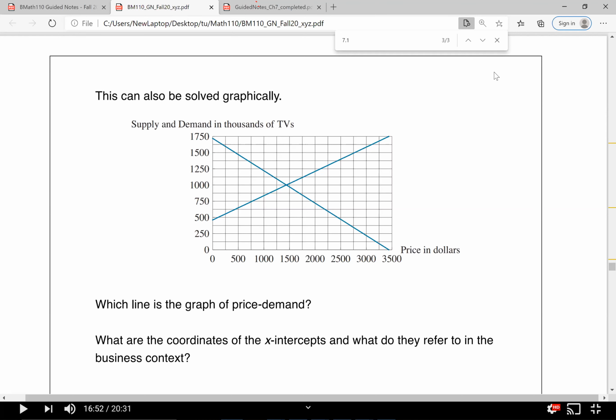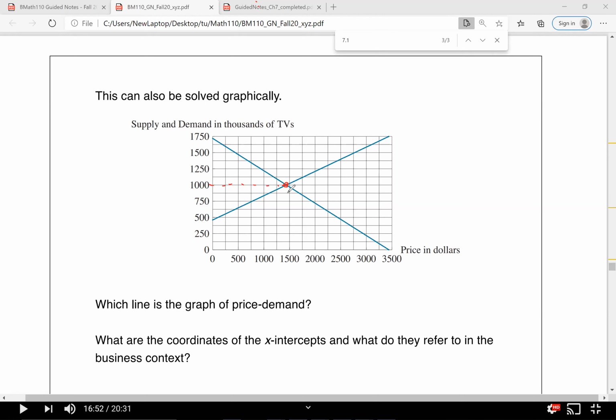This page is telling us that we can also solve it graphically. So I have the graph of the two equations here. So the intersection is going to be the solution.